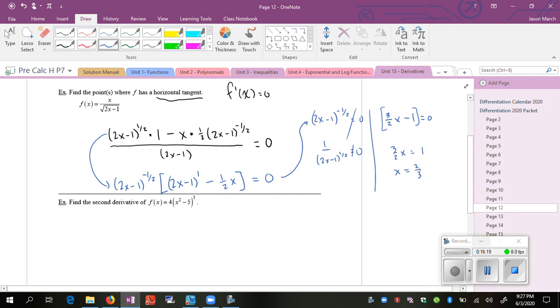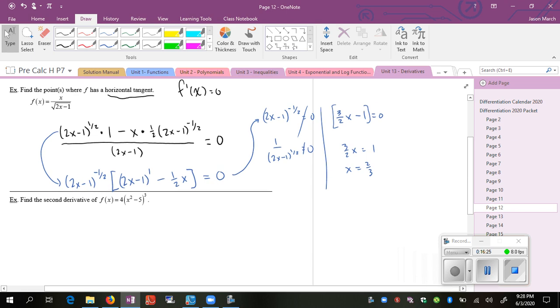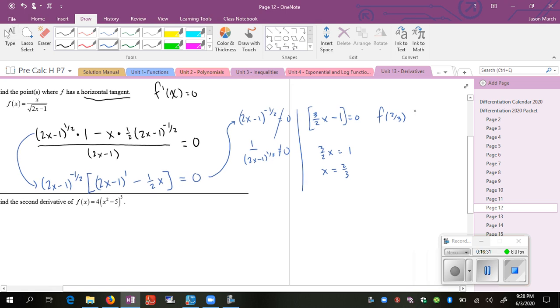And to find the coordinate where it's a horizontal tangent, I'd have to find out what f of 2/3 is. So if I plug that all the way back into the original function, we have 2/3 over the square root of 2 times 2/3 minus 1.